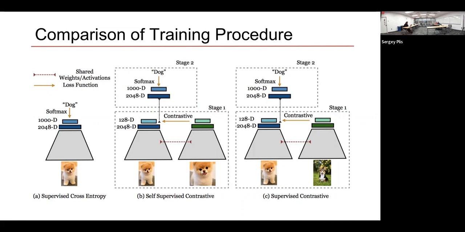And there are some other samples from the same class, both augmented or not augmented. So they try to keep those pairs as close as possible if they have the same augmentation. It can be from the same sample augmented, or it can be from the other samples from the same class.